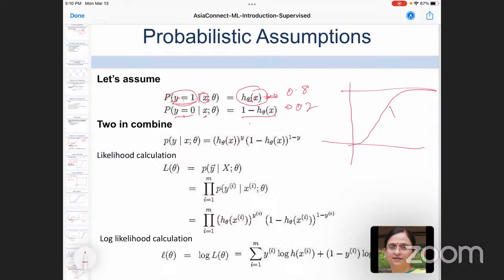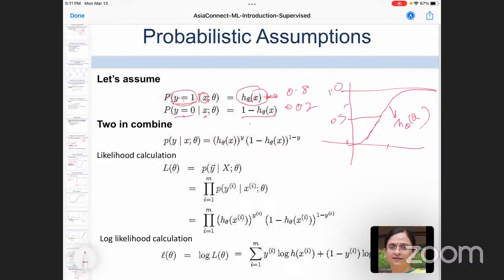If this is h theta x, this is the probability of x belonging to class 1. You can say this is 0, this is 0.5, this is 1.